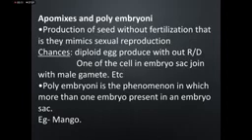Then we move to the last topics. They are apomixis and polyembryony. Apomixis is the production of seed without fertilization, that is, it mimics sexual reproduction.